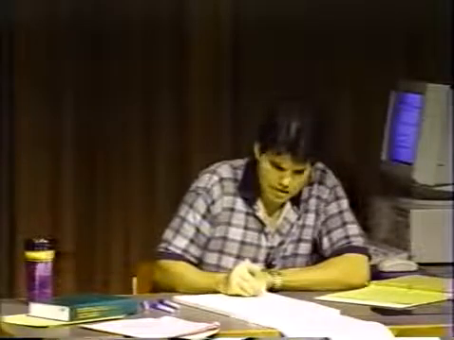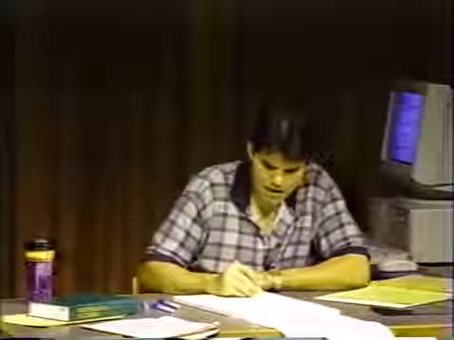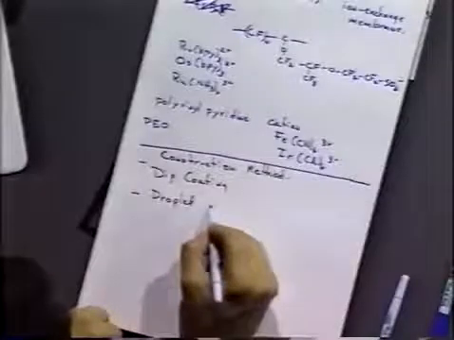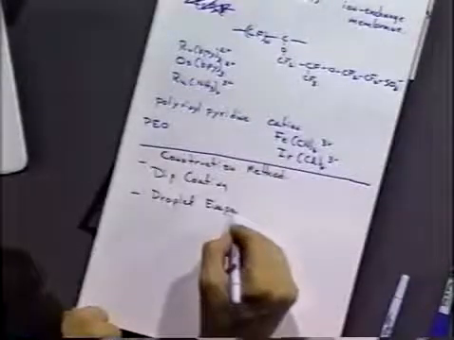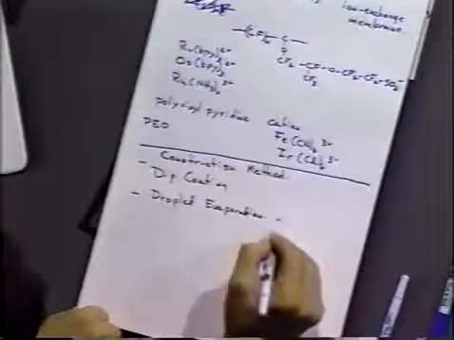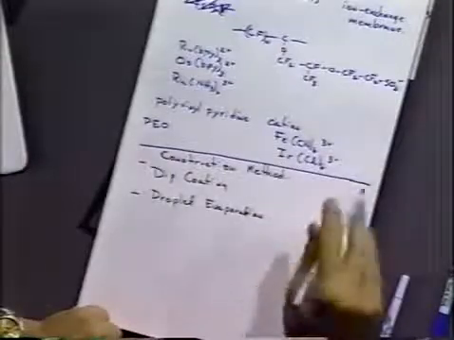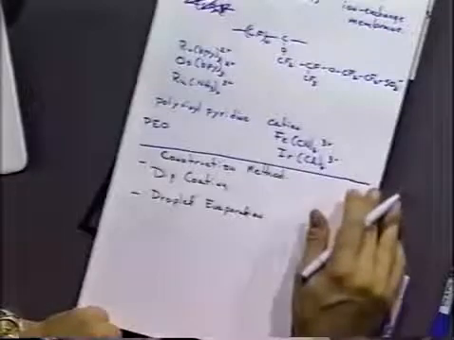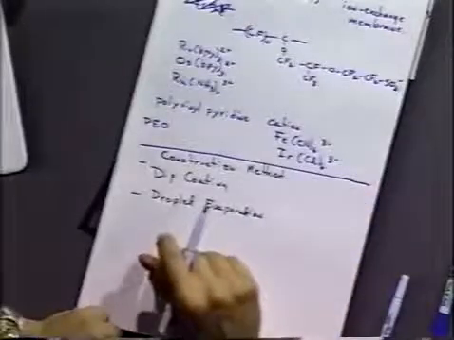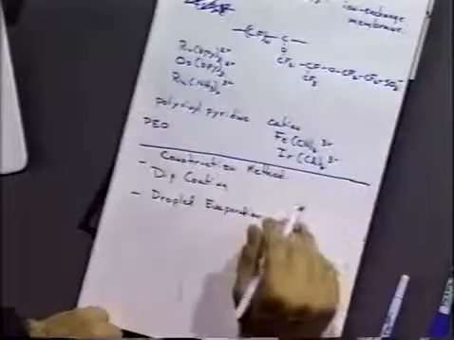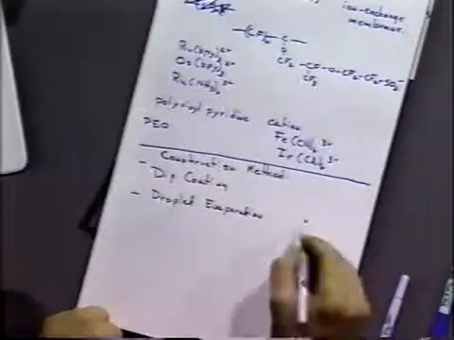A second idea is just to add a single drop of material and let that evaporate. That tends to make a pretty crummy surface, actually, because it's hard to get an accurate amount, and the film tends to be irregular in thickness.